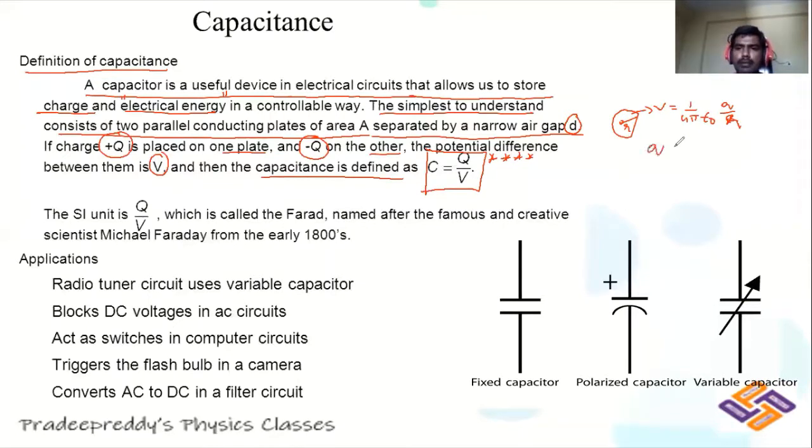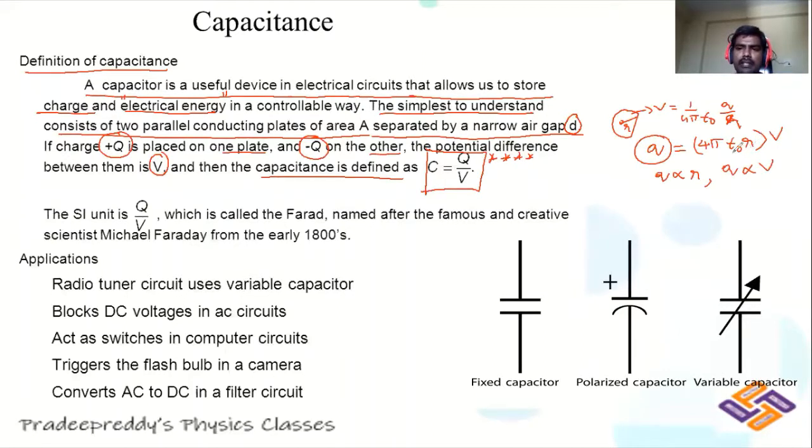Q is equal to 4 pi epsilon naught R into V. Right? So as you change this radius, what happens to this Q? As the radius is increased, the Q value also goes on increasing, because Q is directly proportional to R and Q is directly proportional to V.